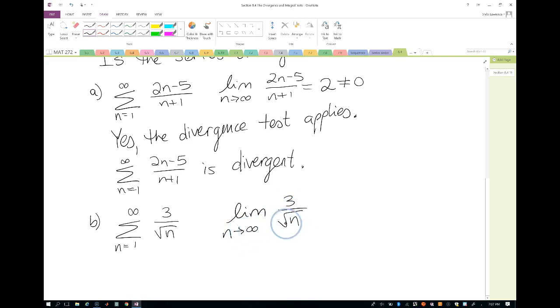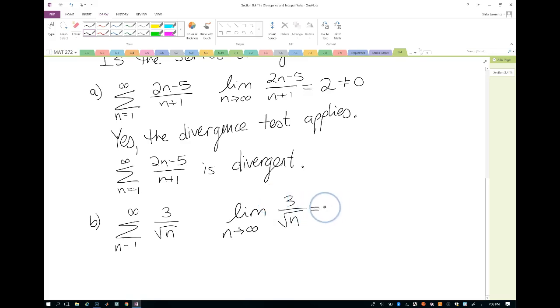If the n values get larger and larger, even after we take the square roots, we're talking about n equals 10,000 or a million or 10 million, that square root value is still going to continue to get larger and larger, whereas our numerator is fixed at 3.